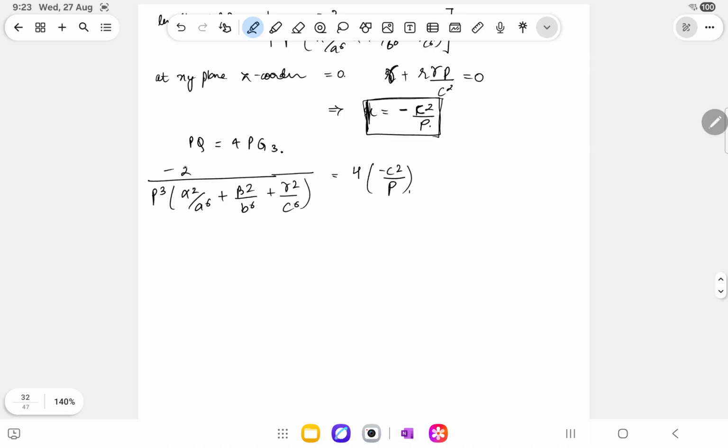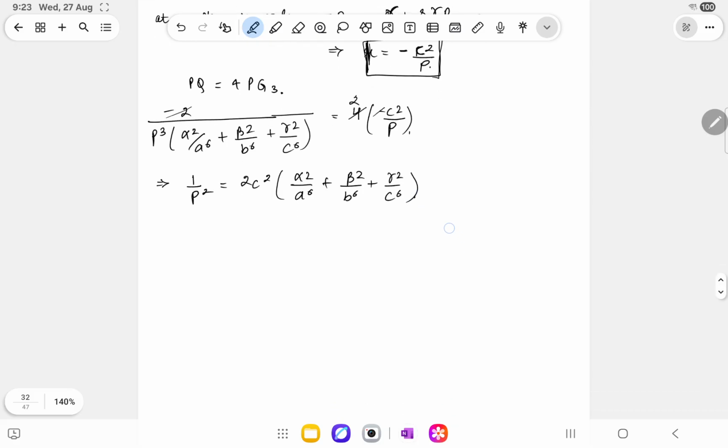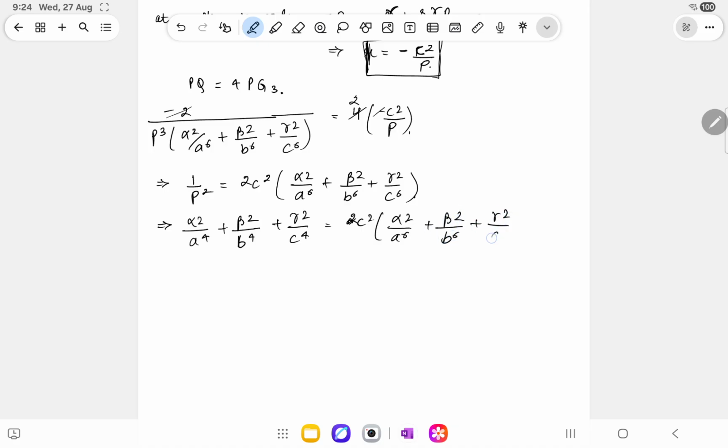If I simplify it, this minus 2 will balance out the negative here and 2 here, so I am left with 1 by p square is equal to 2c square into alpha square by a raised 6 plus beta square by b raised 6 plus gamma square by c raised 6, where 1 by p square is alpha square by a raised 4 plus beta square by b raised 4 plus gamma square by c raised 4, which is equivalent to 2c square into alpha square by a raised 6 plus beta square by b raised 6 plus gamma square by c raised 6.